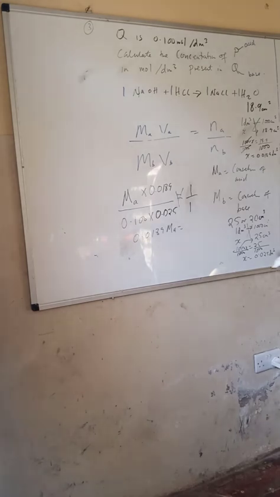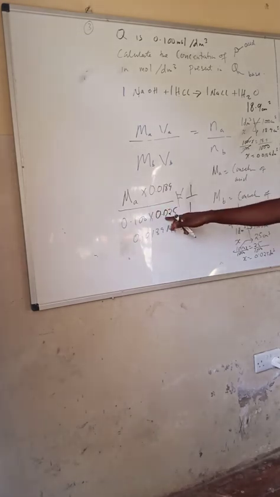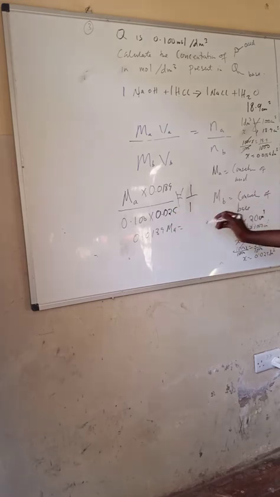So 0.100 times 0.025. That would be the answer.